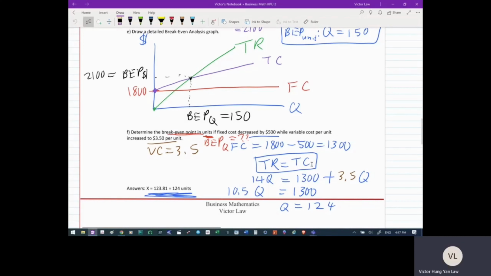And in total cost, there are two parts: fixed cost plus the variable cost per unit times Q. So fixed cost is 1,300, that's what we calculated above. And we have the new variable cost per unit, which is 3.5, and we multiply that by the quantity Q. Once we have the equation set up, we're going to solve for Q. And you're going to get Q equal to approximately 124 units. And that's part F.